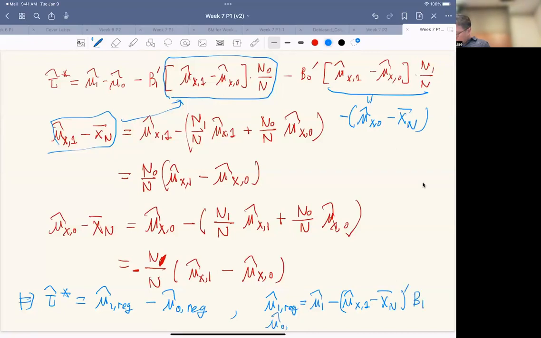The mu hat zero regression estimator is mu hat zero minus mu hat x zero minus x bar one prime p zero. A lot of algebra, but at the end of the day, we just show the equivalence, algebraic equivalence.